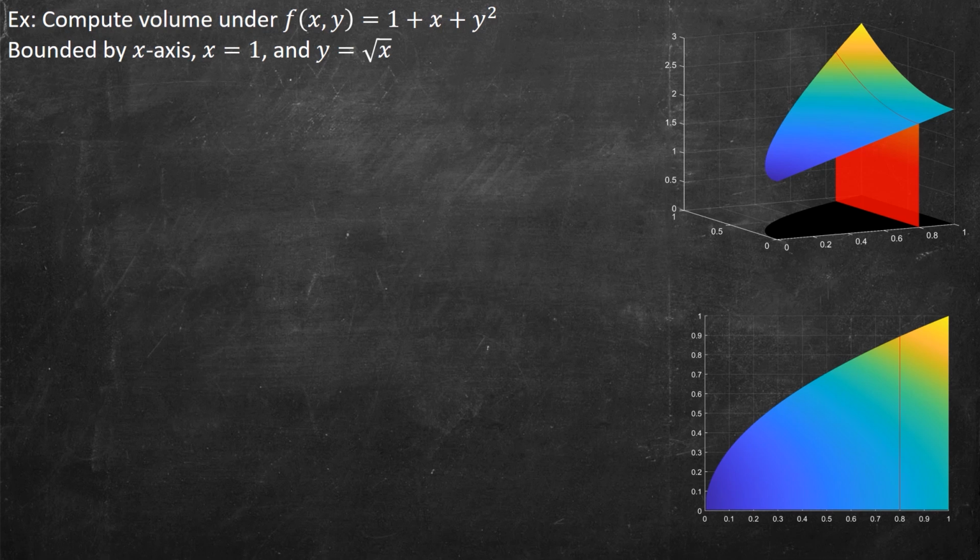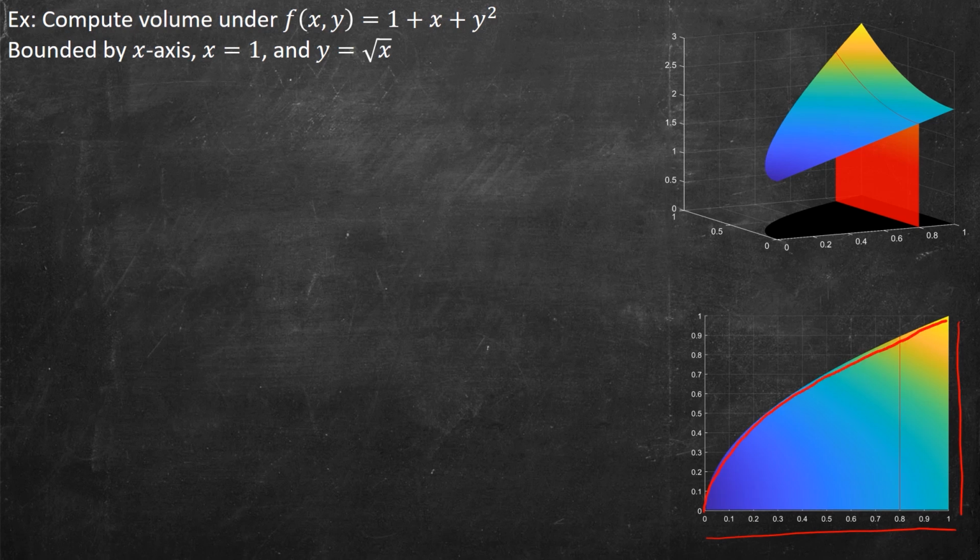What I have is the function 1 plus x plus y squared, and it is bounded by these three different constraints, namely the x-axis, the line x equal to 1, and this curve y equal to square root of x.